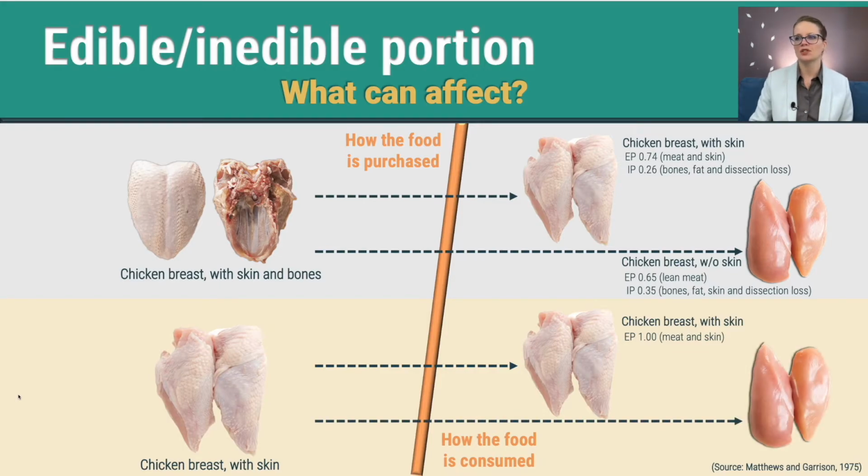But if the person removes the skin, we will have that 91% or 0.91 of the food will be consumed because we are removing the skin. So in this case, we can see here that the edible or inedible part will depend both on how the food is purchased and how the food is consumed by the person.